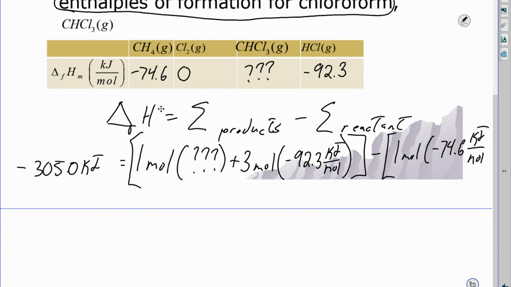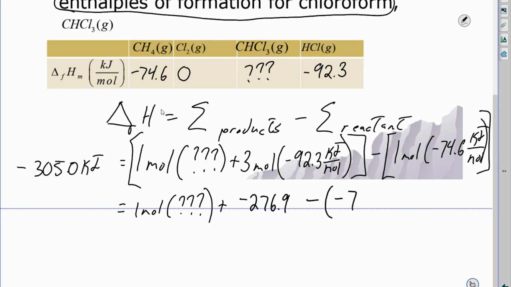Now, where we can make mistakes here is we get everything done correctly, and then we start to make some mistakes. So I'm going to write down a line. 1 mole times my question mark plus negative 276.9 minus negative 74.6.